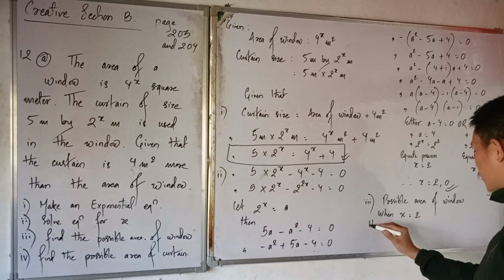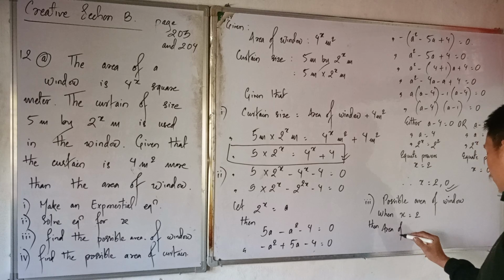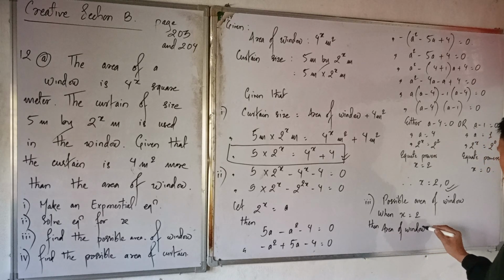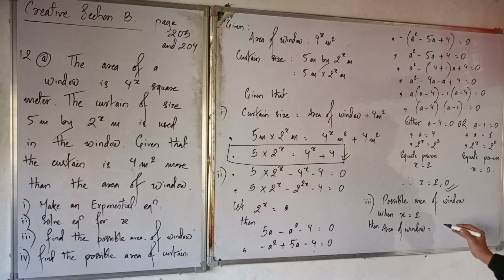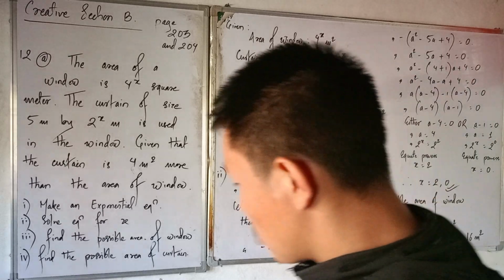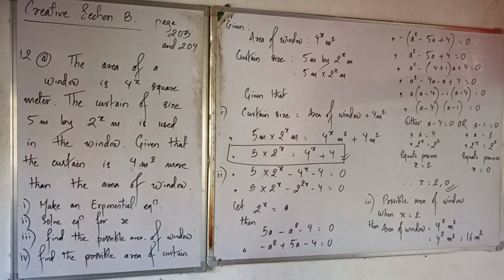Then area of window will be 4 power x. So replace the value of x by 2. This will be 16 meter square. So this is one possible area of window, 16 meter square. For another possible area, you have to substitute the value of x by 0. You will get just another answer for that.